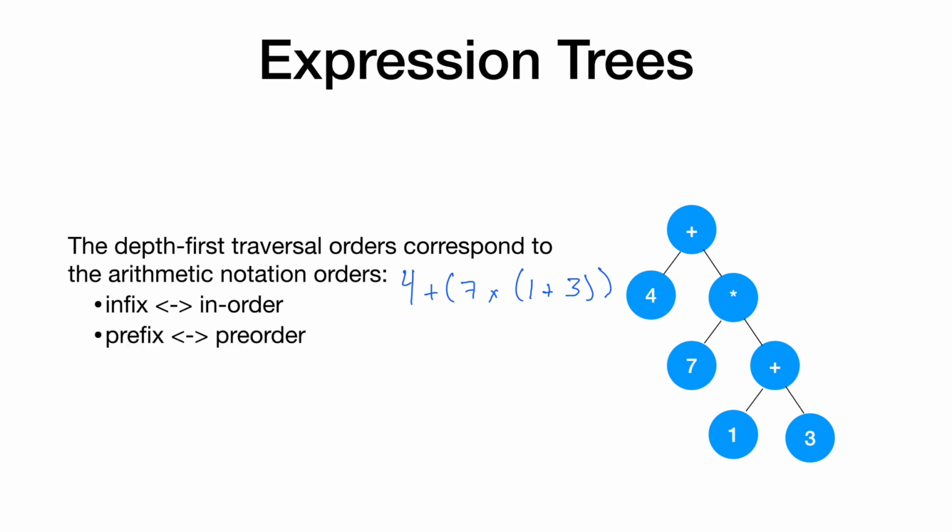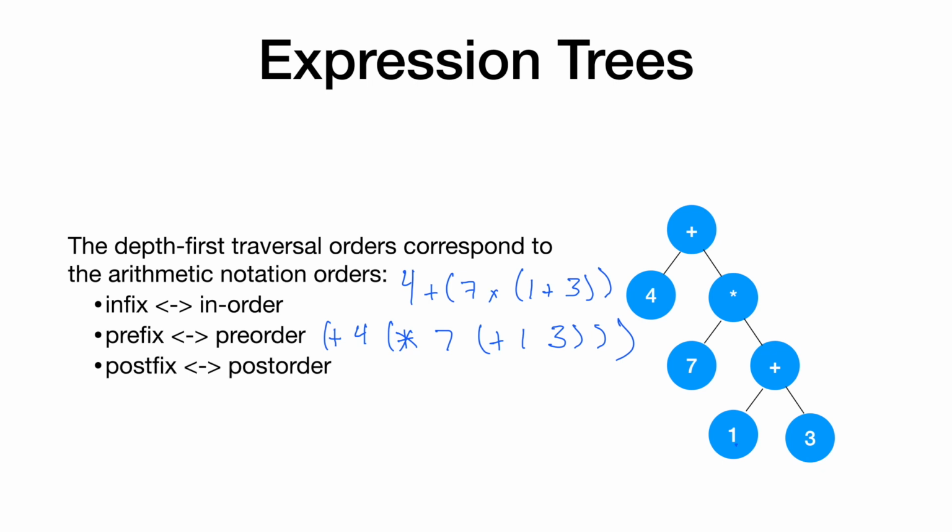Similarly, prefix, right? Prints the operation first, plus, and then it prints the left tree, 4, and then the right tree, which is an operation, which is multiplication, and 7, and another operation, plus this guy, 1, and 3, and we're done. And that's exactly our pre-order if you go back and look at the last slide.